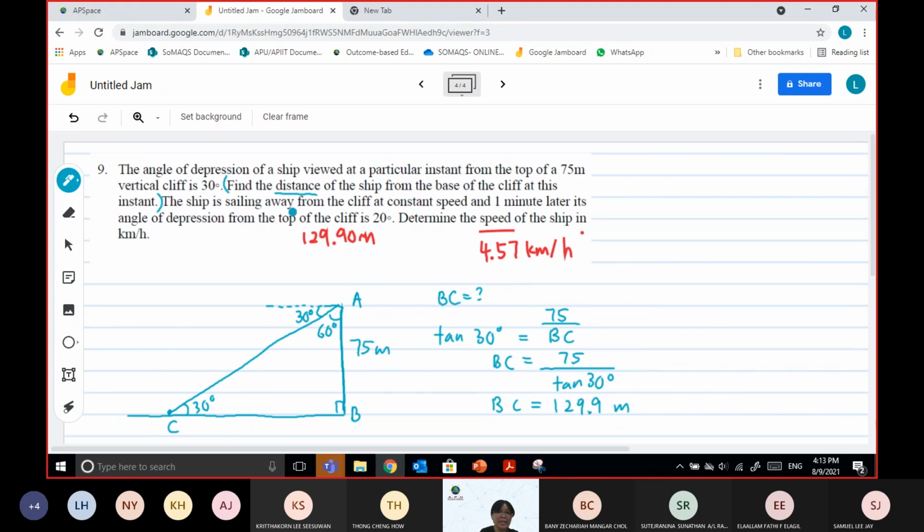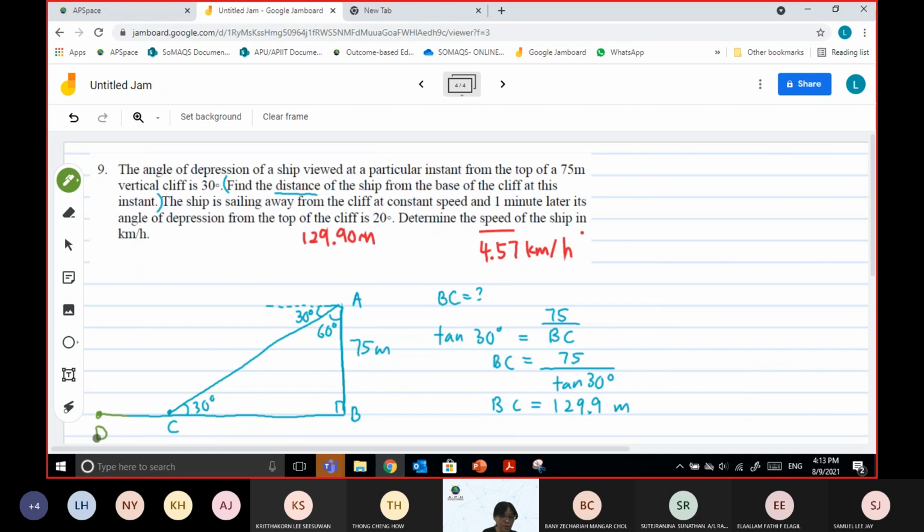The ship is sailing away, that means farther away from the cliff at constant speed, and 1 minute later its angle of depression from the top of the cliff is 20 degrees. After 1 minute, maybe it has already reached another point here.